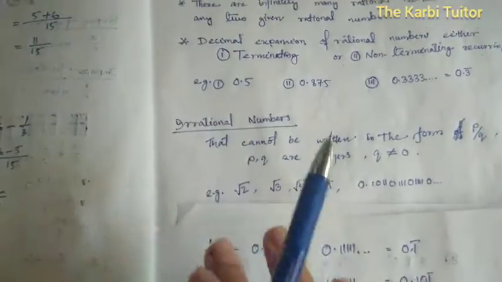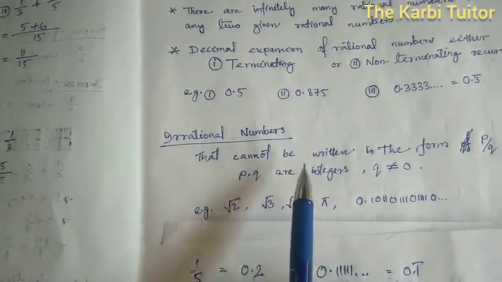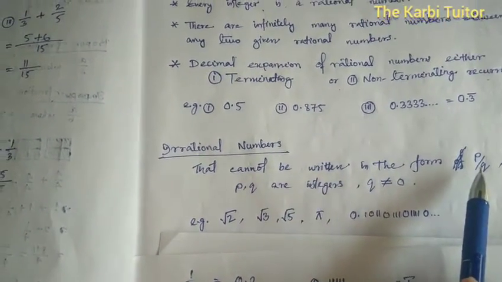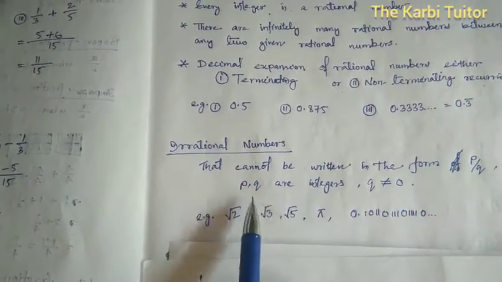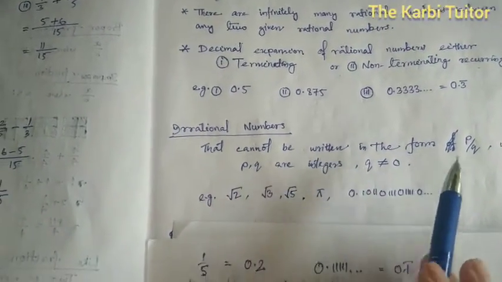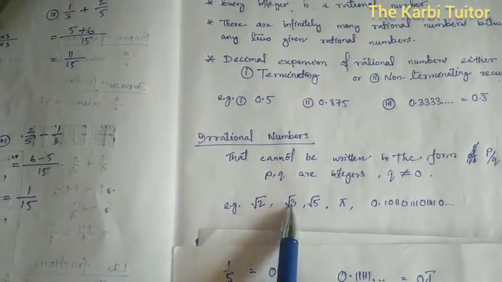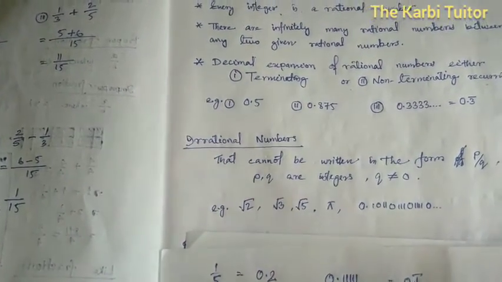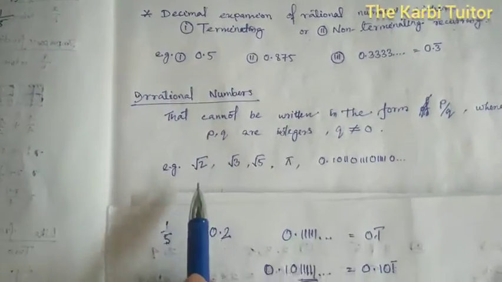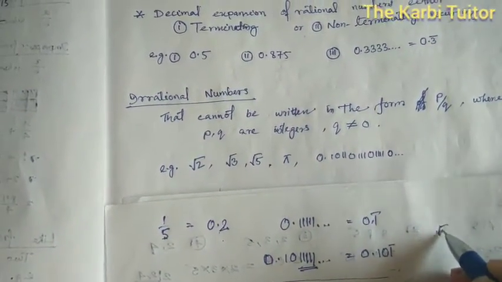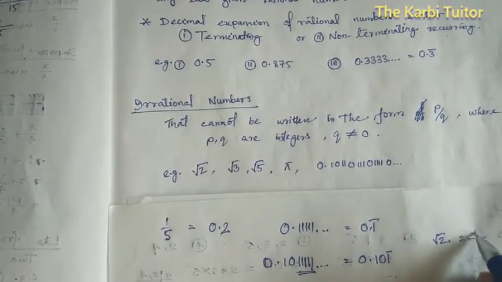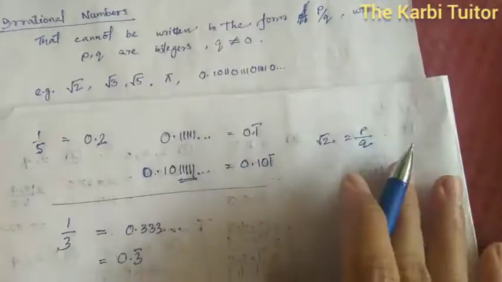Then what are irrational numbers? Any number that cannot be written in the form of p by q, where p, q are integers, q not equal to 0. Say root 2, root 3, root 5, pi, and these are irrational. Why root 2? You can check it. You cannot write root 2 in the form of p by q.